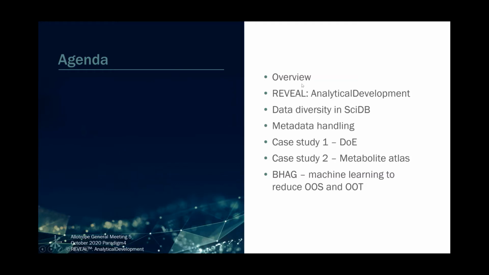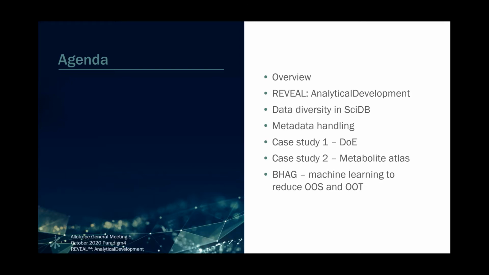I'll give a brief overview, then talk about the data diversity that we can store, how metadata is handled, and then a couple of case studies. One, the design of experiment data set that Agilent put up a few years ago, really showing off the R interface that exists in SciDB.